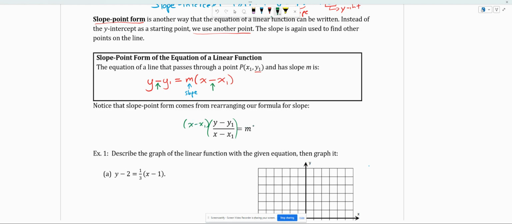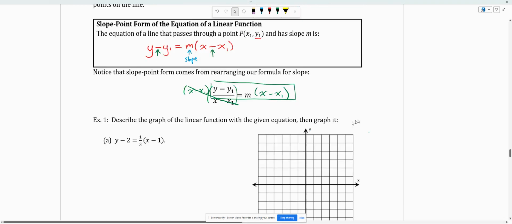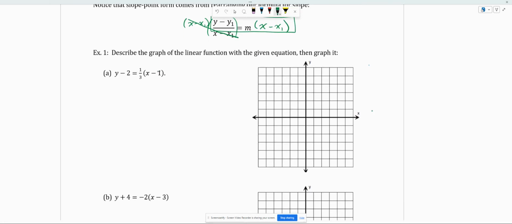These cancel and we're left with our formula for slope point form. So let's graph a couple and see how we use this.